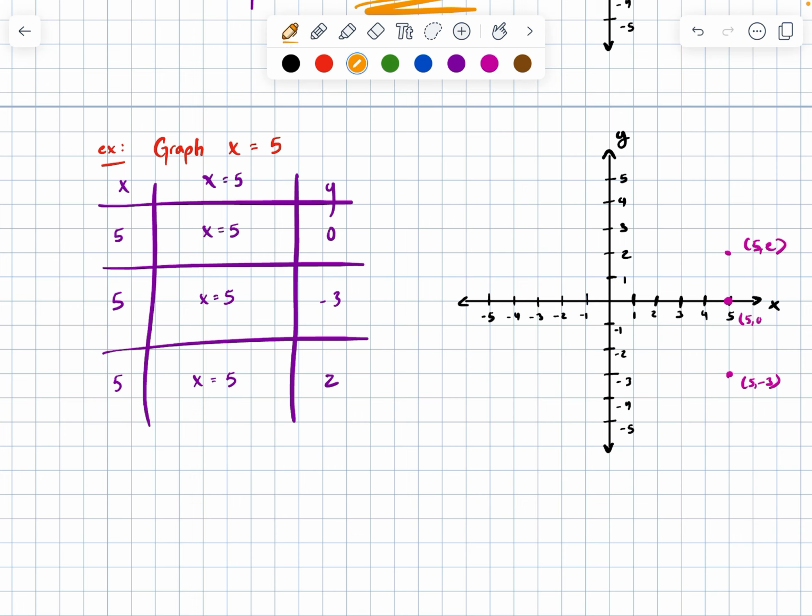And if I connect my points with a line, notice here, now I'm parallel to the y-axis. I'm going straight up and down. What I'm saying here is no matter what the value of y is, x always has to be 5. It's not moving left or right. This line instead is vertical.